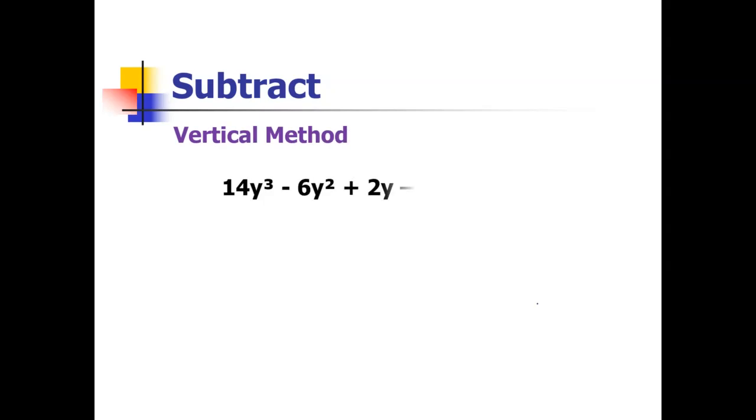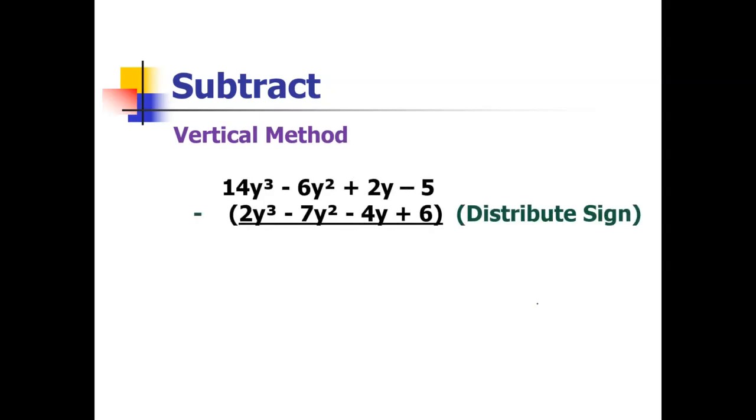Let's try now subtracting with the vertical method. In a subtraction vertical method, for the second row, we must distribute the sign first. The top polynomial will remain as is. In the bottom one, I must switch the sign. So I will rewrite the problem again.